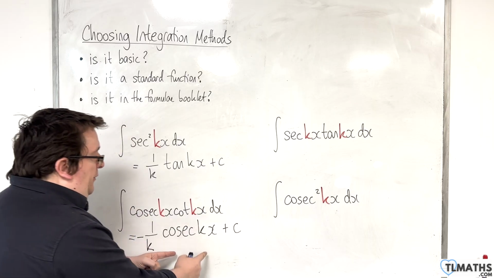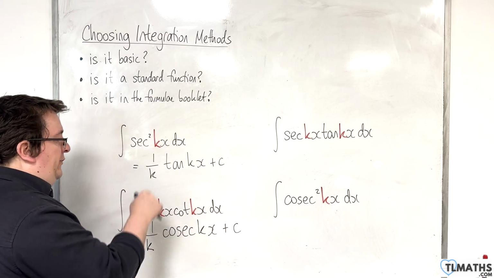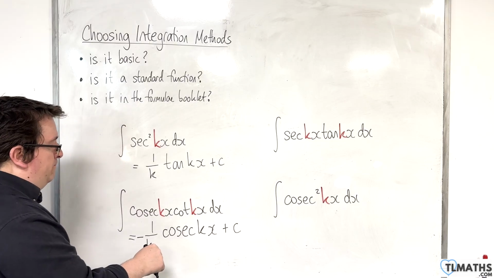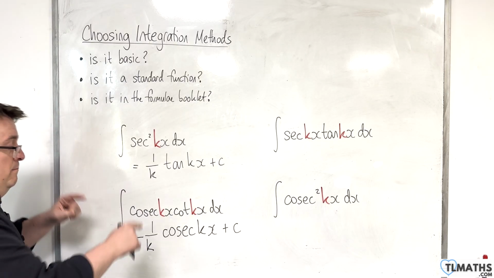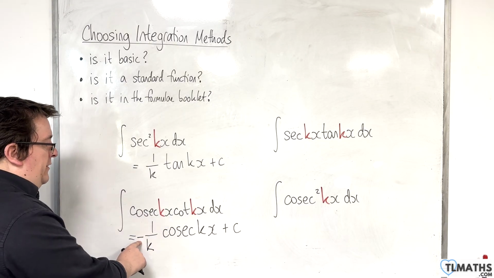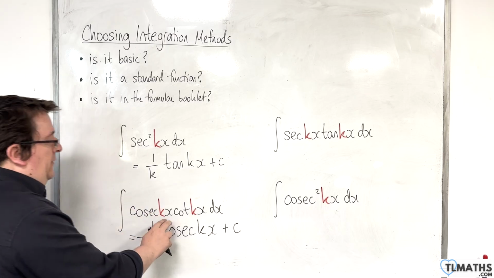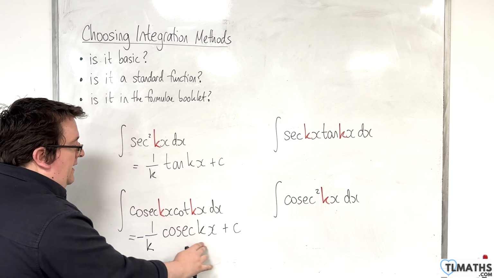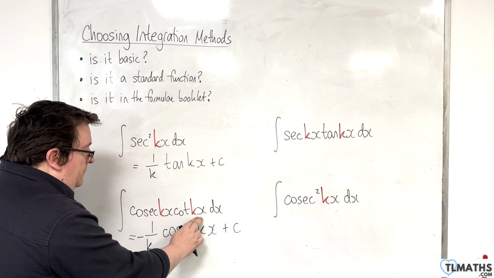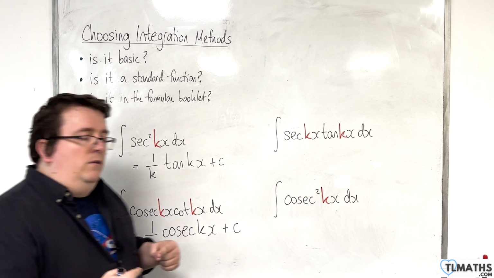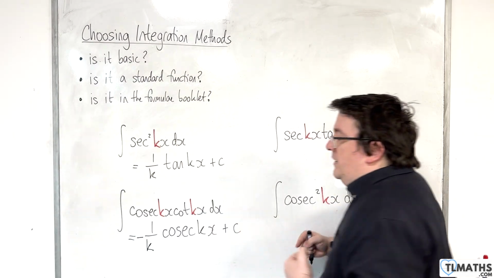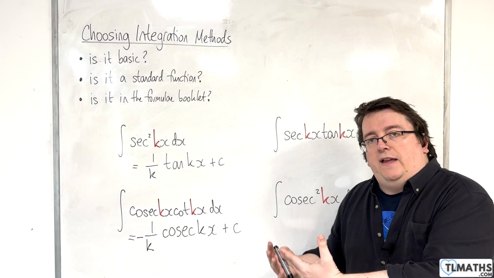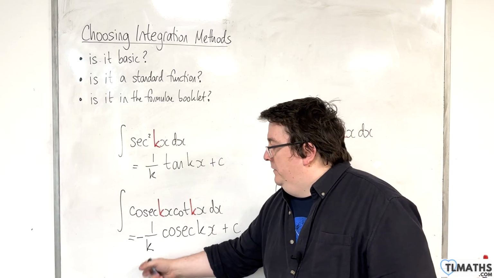And then we know that cosec differentiates to minus cosec cot, so that knocks out the minus sign, and then the inside stays the same. So the kx, kx. And so you don't get two lots of 1 over k coming out the front and becoming 1 over k squared. It's just the singular.